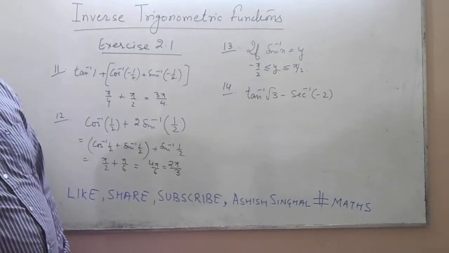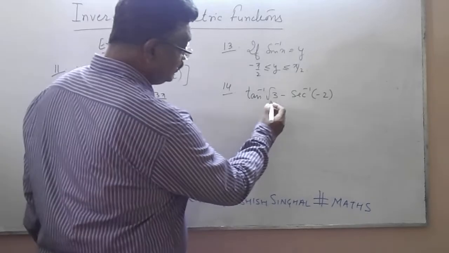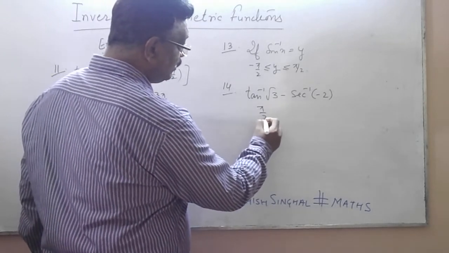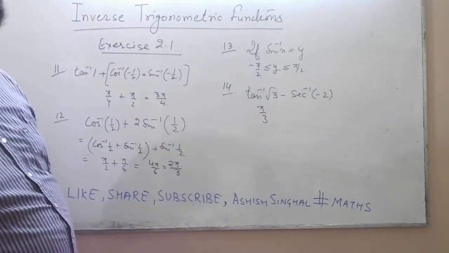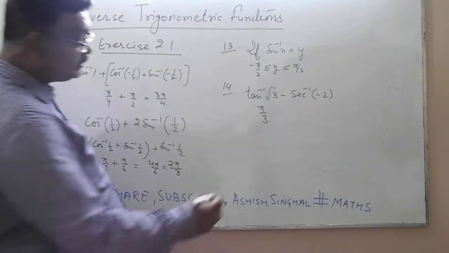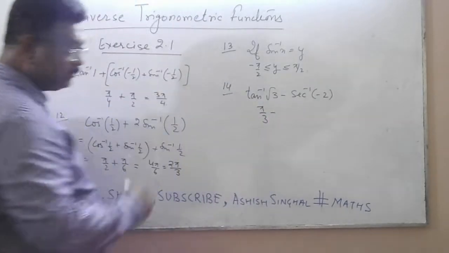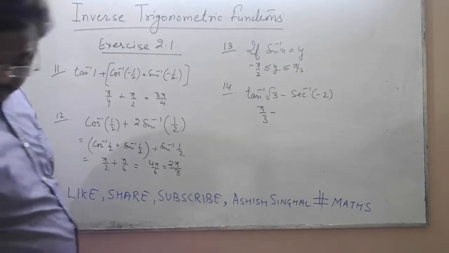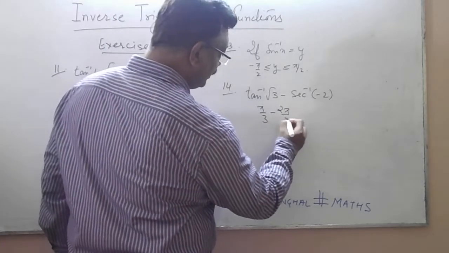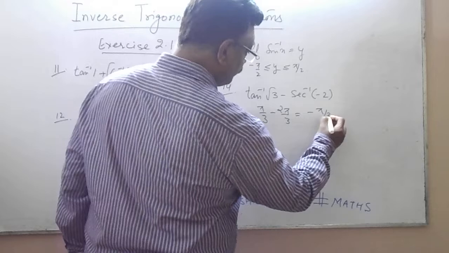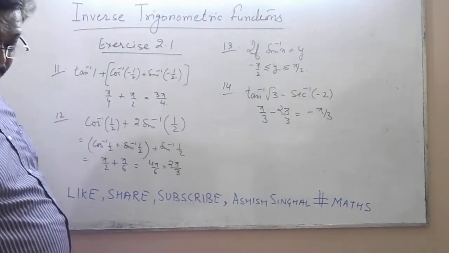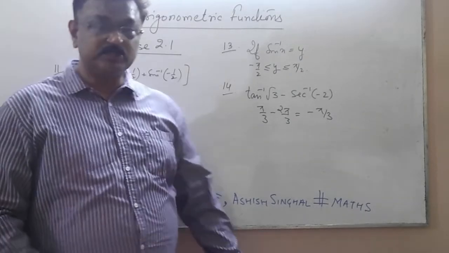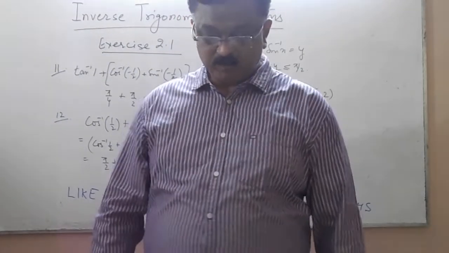Tan inverse root 3 is, everyone knows, 60 degree or pi by 3, and sec inverse minus 2 gives us 2 pi by 3 with a minus sign. So this gives us minus pi by 3.